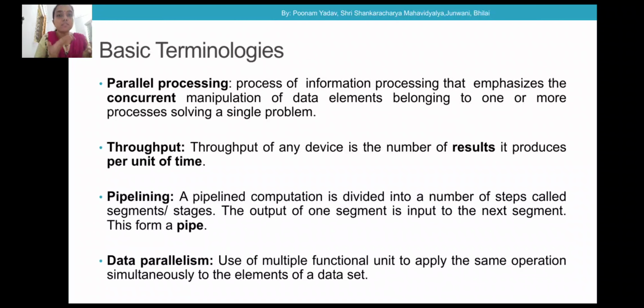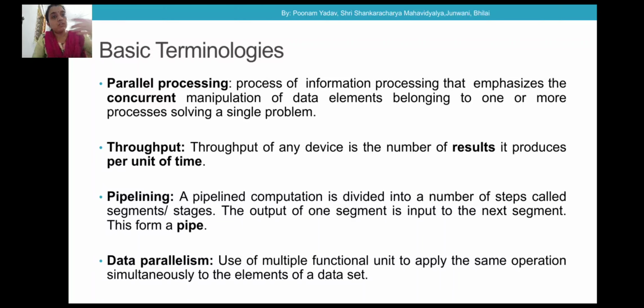For solving a single problem, especially a large one, concurrent manipulation of data elements is required. Such processing is called parallel processing.